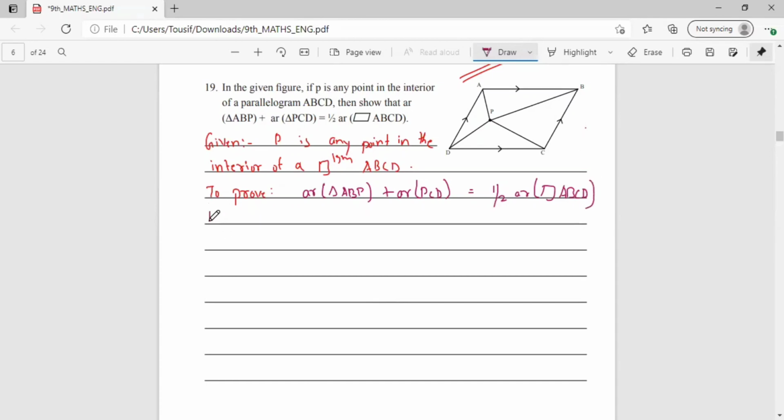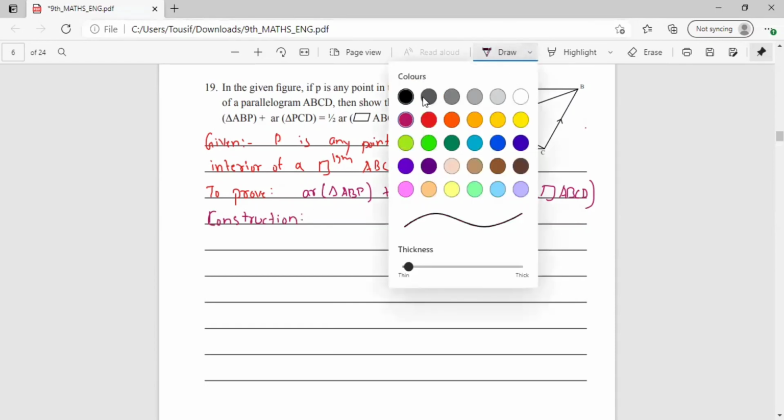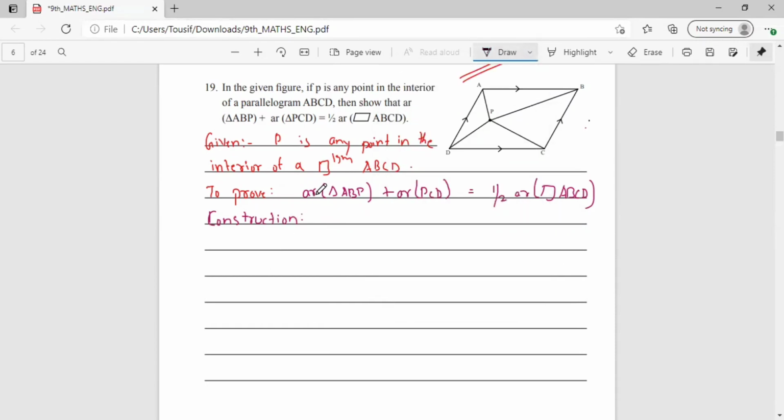Let us begin with the proof. Before that, we have some construction. Let us perform some construction. What is it? Let's see. What are we going to do? We're going to draw a line.